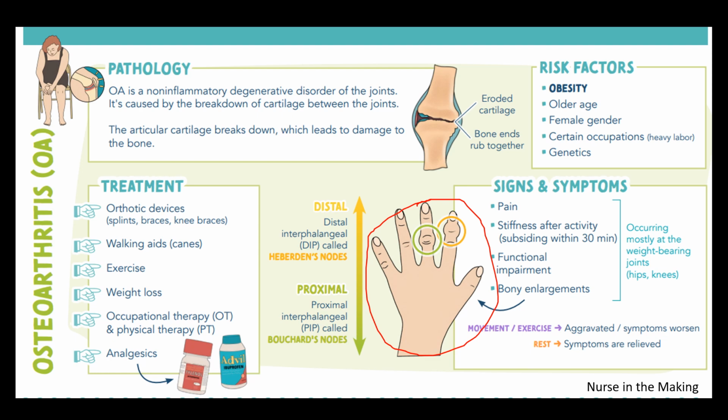Plain radiographs of the affected joints, such as hands, hips, knees, spine, along with a history and physical, are usually used to confirm that diagnosis. Evidence of osteoarthritis is joint space narrowing, subchondral sclerosis or cysts, and the presence of osteophytes. That's what they'll see on those radiographs.